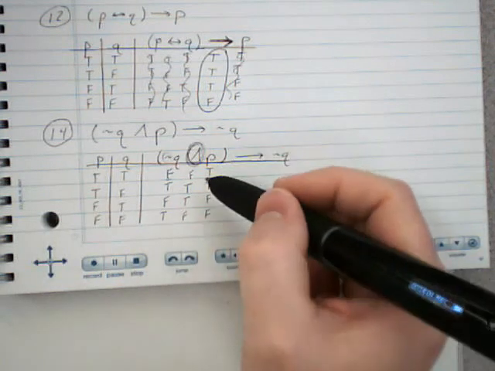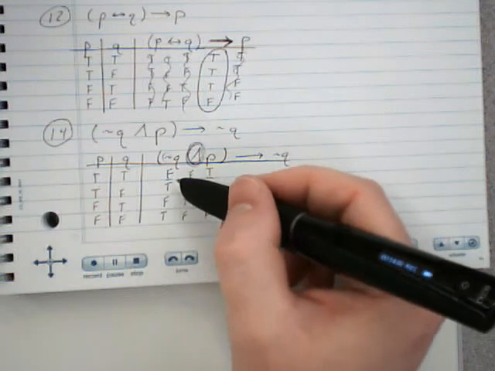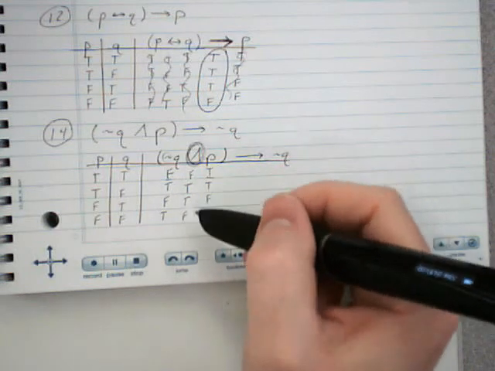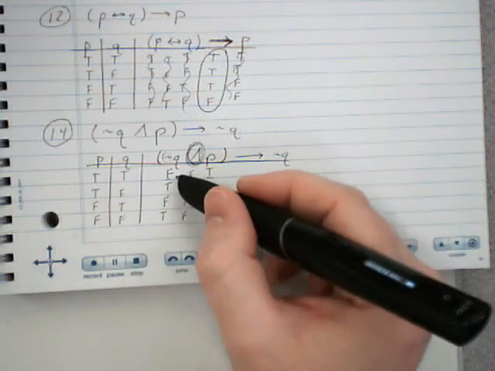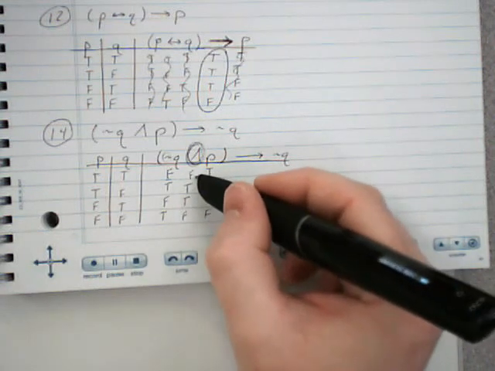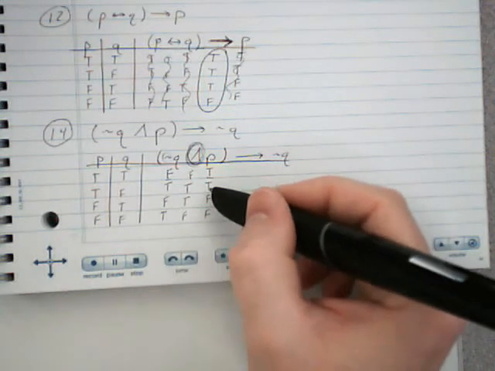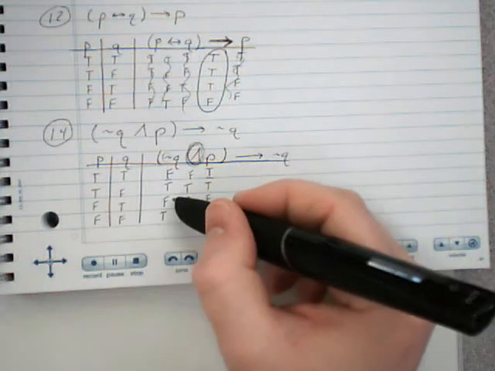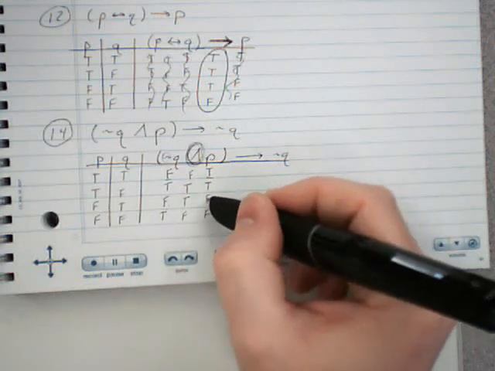Okay, so false and true says false, right? And true and true is true. False and false is false.